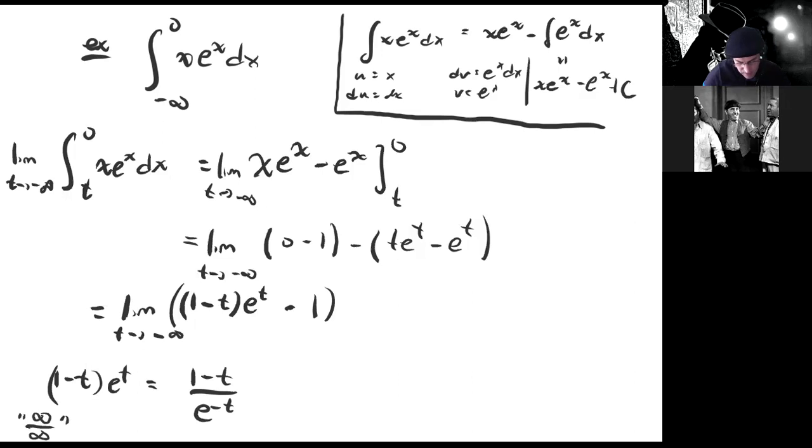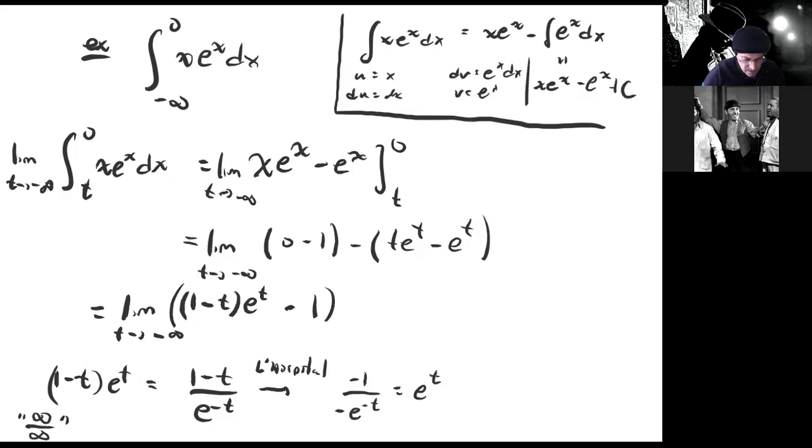So by L'Hopital, this limit is the same thing as the limit of the derivative of the top, which is 1, over the derivative of the bottom, which is minus e to the minus t.